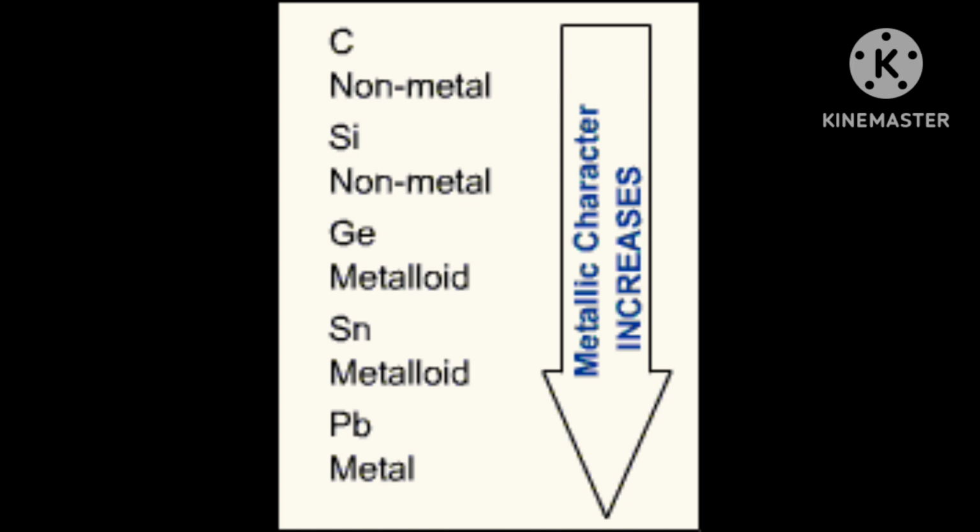Okay, melting point. The melting point is very high for carbon, 4373 Kelvin. After that, second is silicon, 1693, and third is germanium, 1218, meaning it is decreasing.